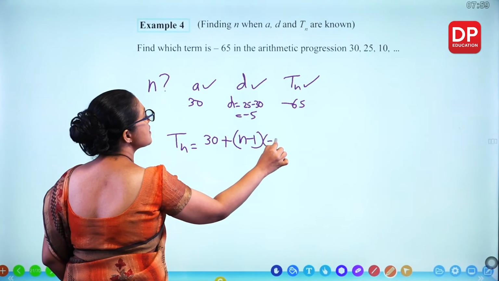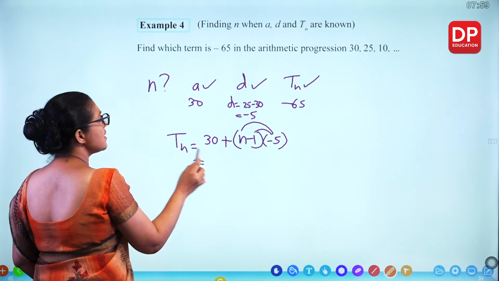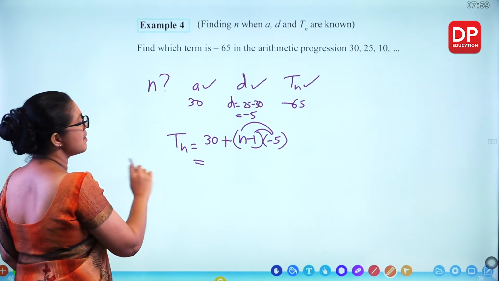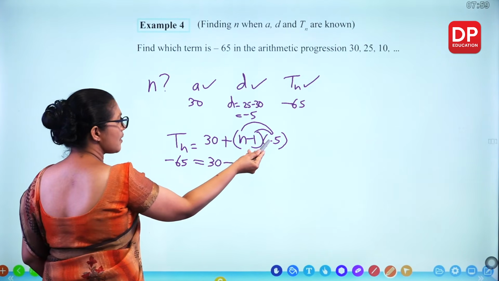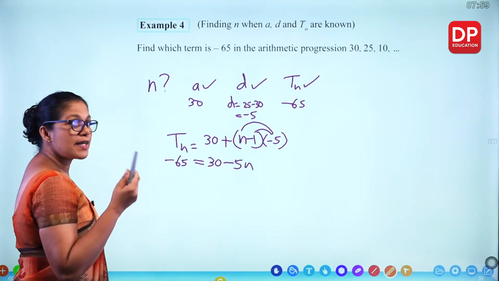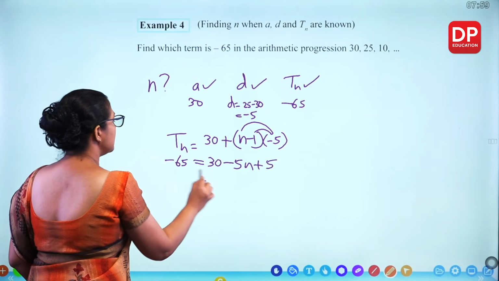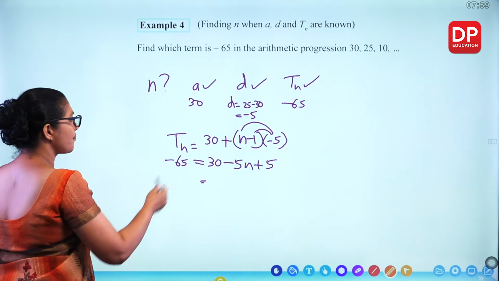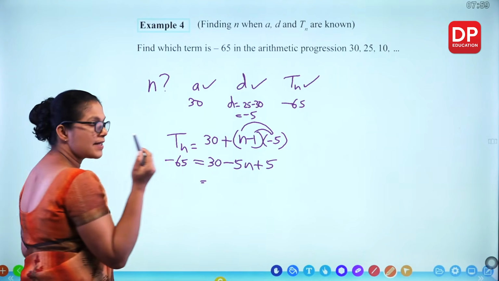D is minus 5. Now expand the brackets and simplify, with the nth term being minus 65. Minus 5 times n is minus 5n, and minus 5 times minus 1 is plus 5. So what do you do? Subtract: 30 plus 5 is 35.